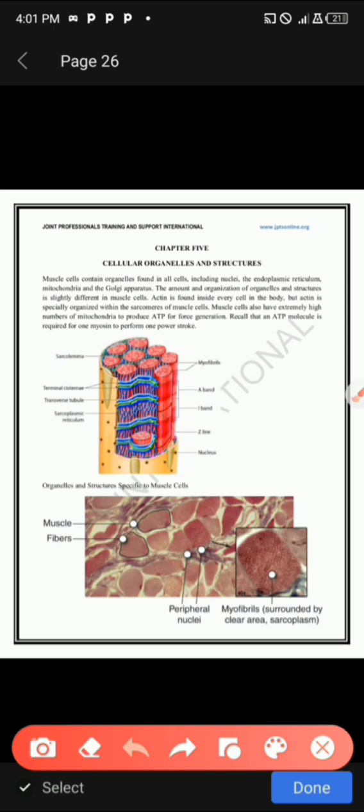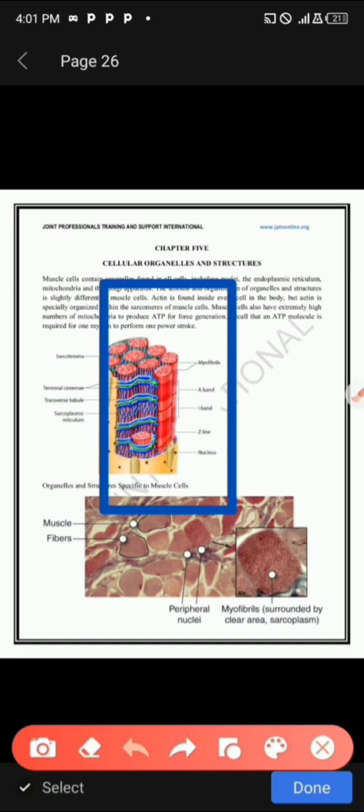Actin is found inside every cell in the body, but actin is specially organized in the muscle cell.